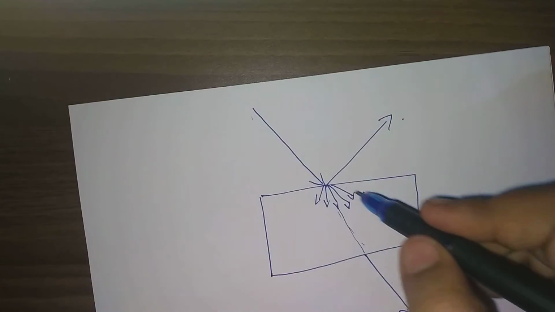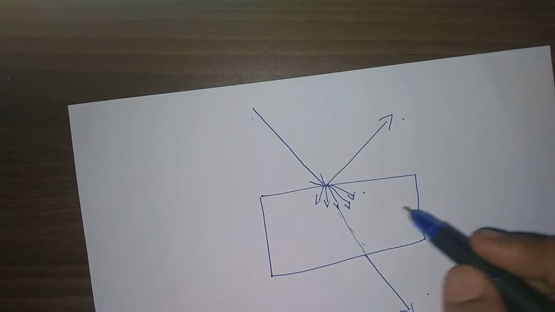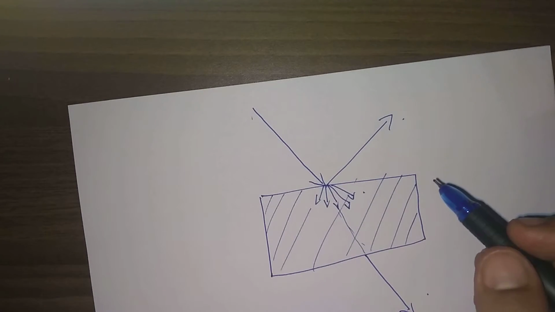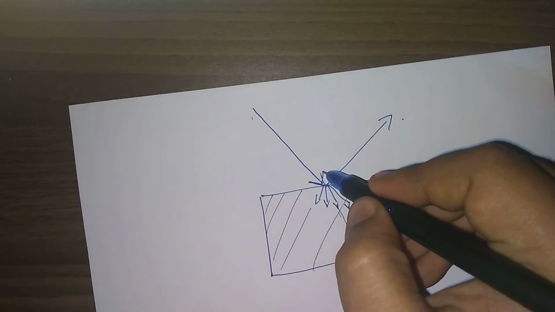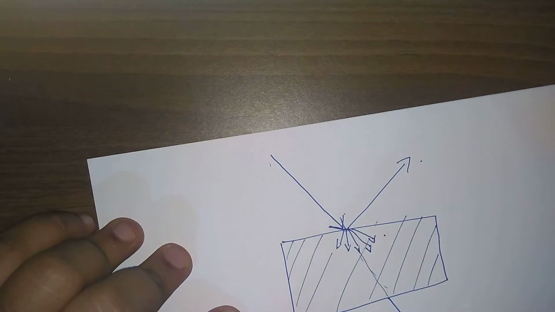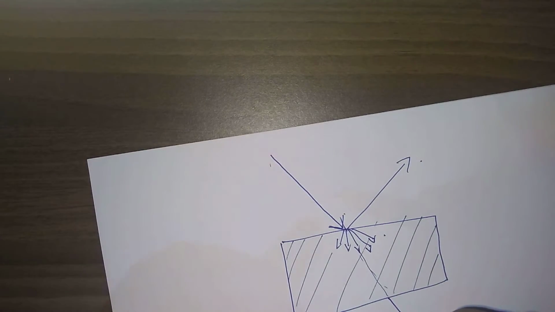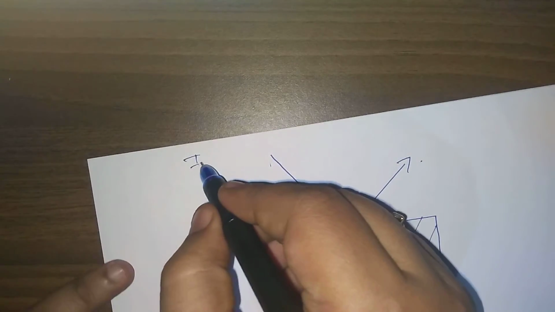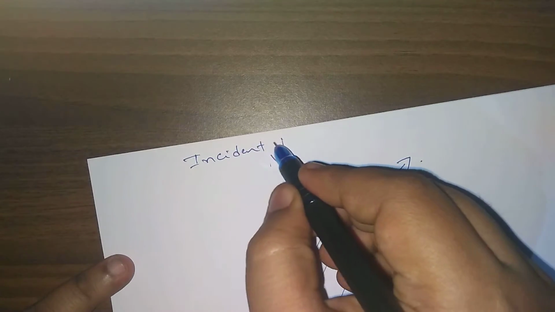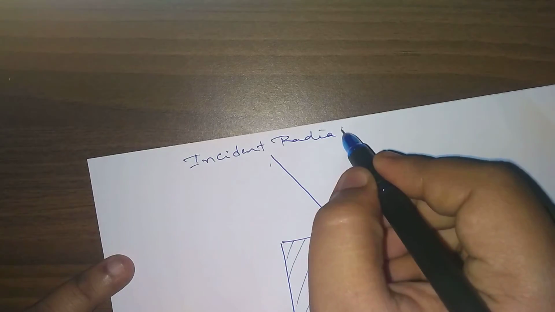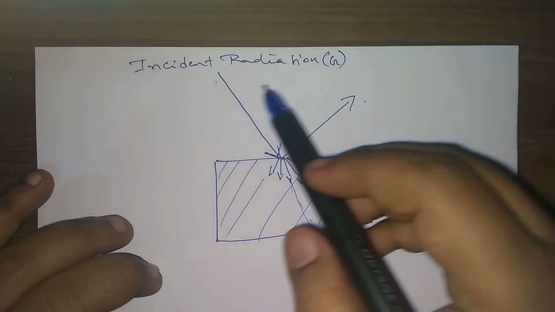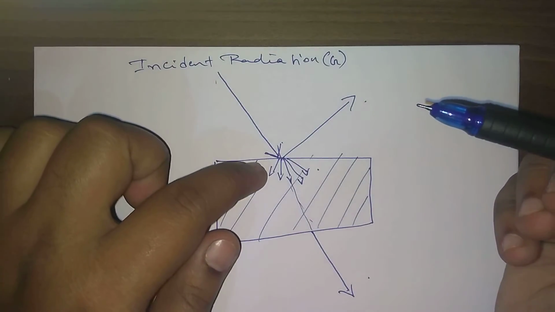This is the body, and this is called the incident radiation. Let us consider a certain radiation is falling on the body. It is denoted as G.